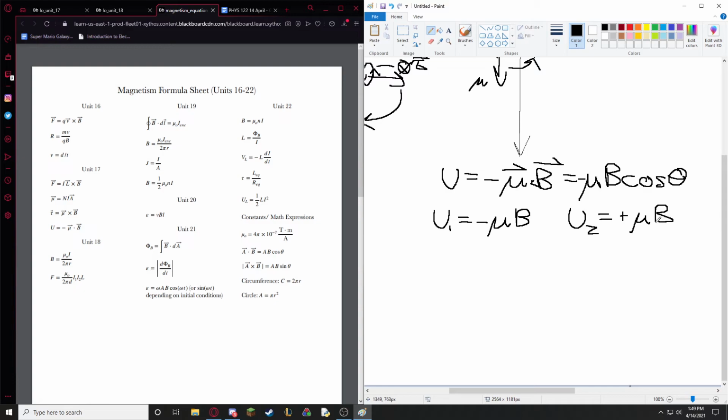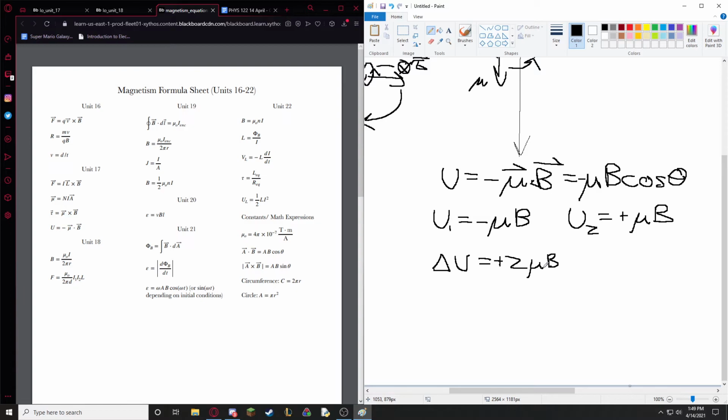If you do the difference between them, you'd get 2 mu b. So our total change in potential energy is plus 2 mu b. Exactly. So how do we get the work done?